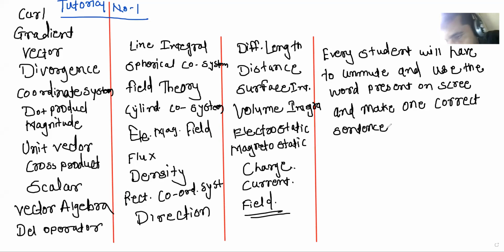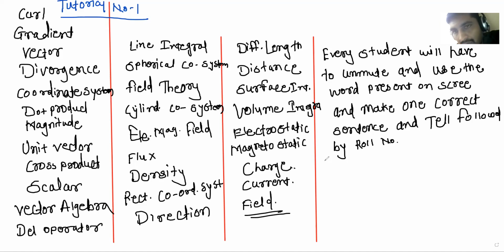Make one correct sentence and tell, followed by roll number, so that we will be able to identify who is remaining.